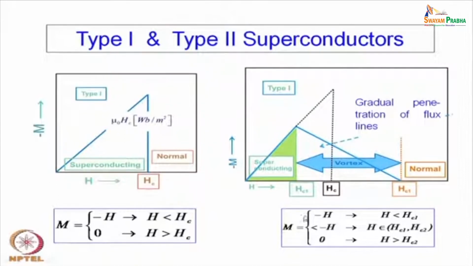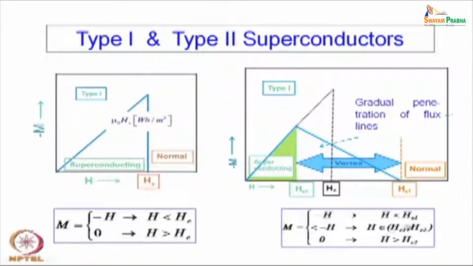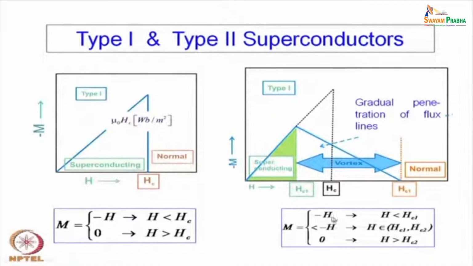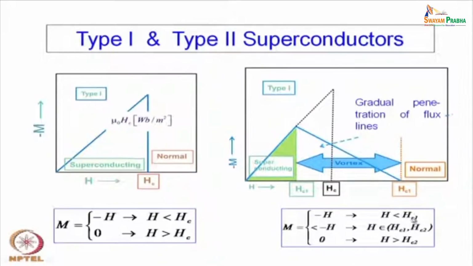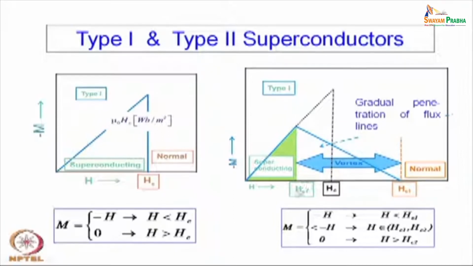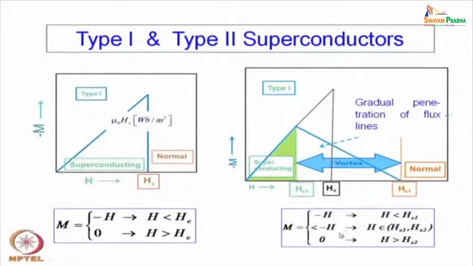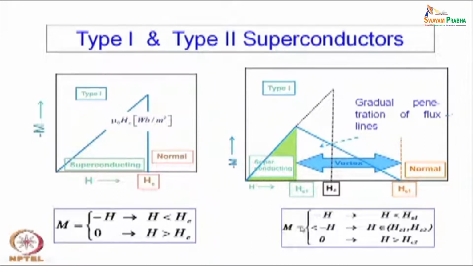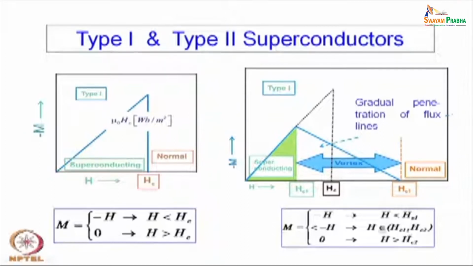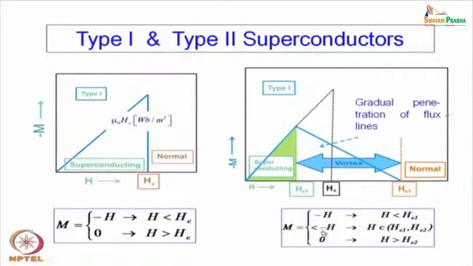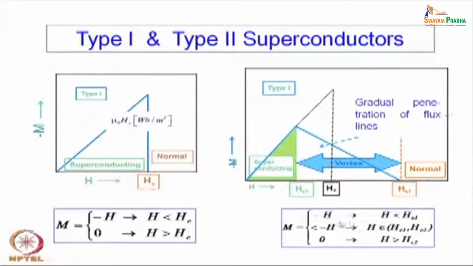These mathematical equations have been plotted here or described here. M becomes -H when H is equal to Hc1. Okay. So, when H is at Hc1, the same equation is valid, M equal to -H. If it is between Hc1 and Hc2, this is not H, it is a different value.